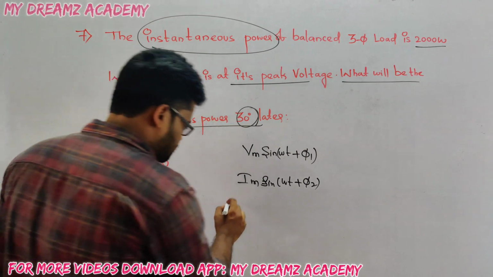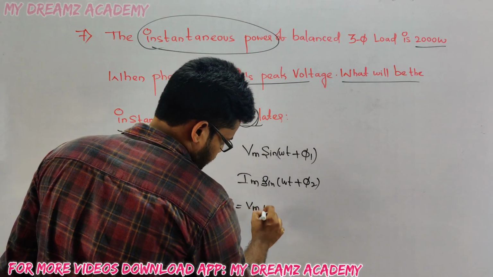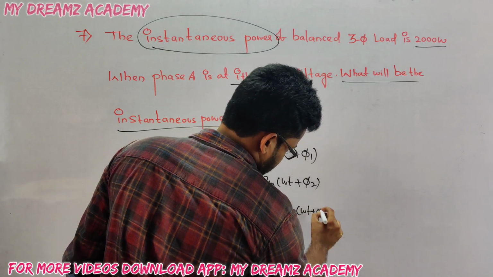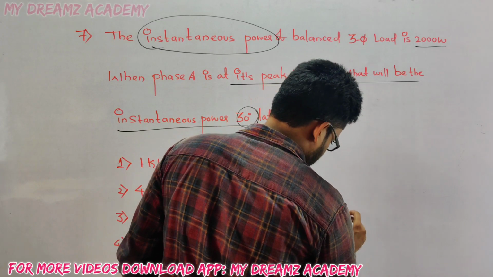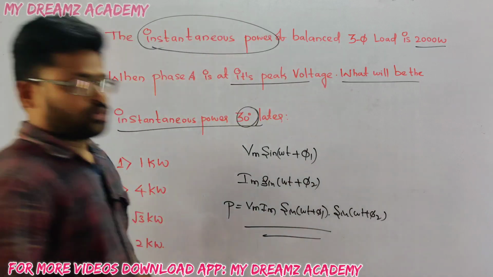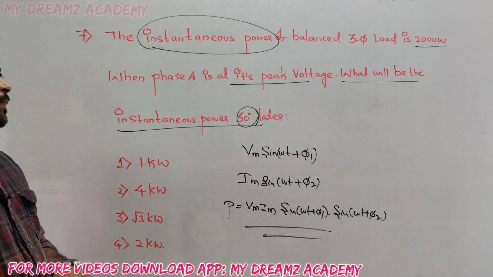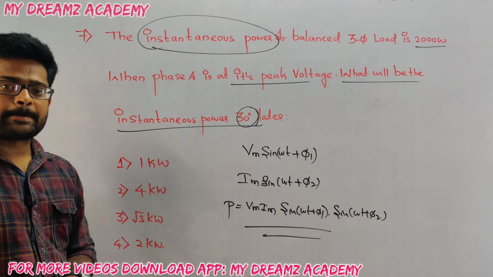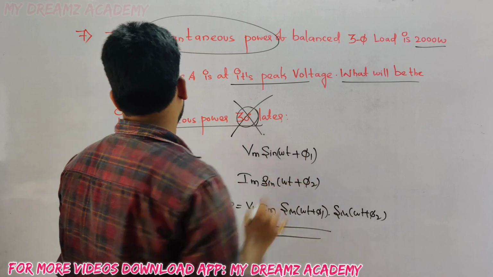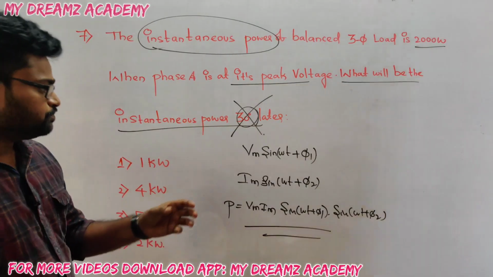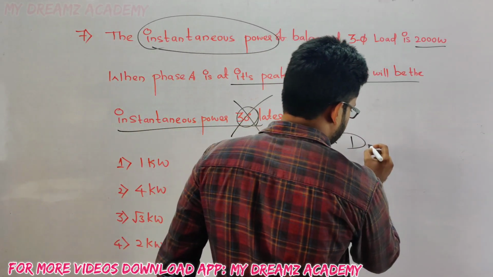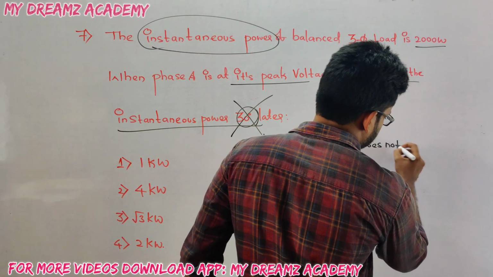The instantaneous power is nothing but P is equal to Vm Im sin(omega t plus phi 1) into sin(omega t plus phi 2). So whatever the value of angle theta, whether it is the power factor angle or any angle, the instantaneous power does not change. Instantaneous power does not change.